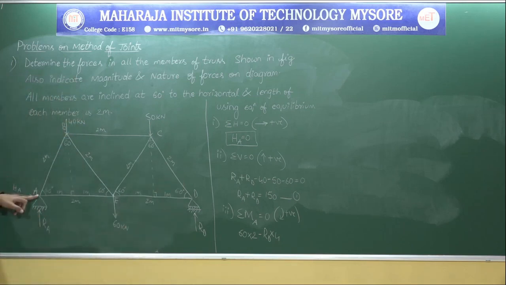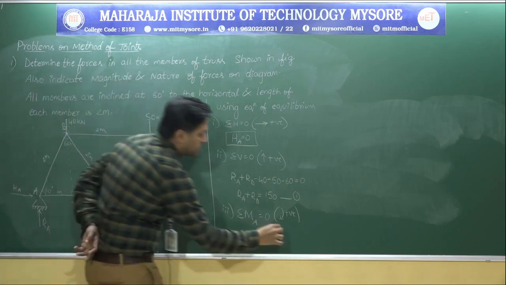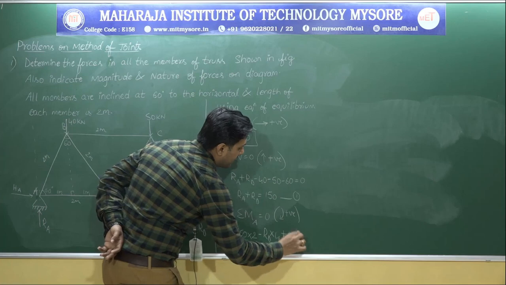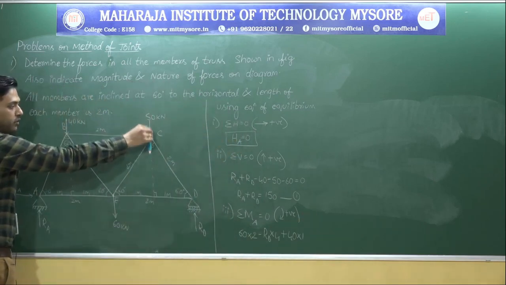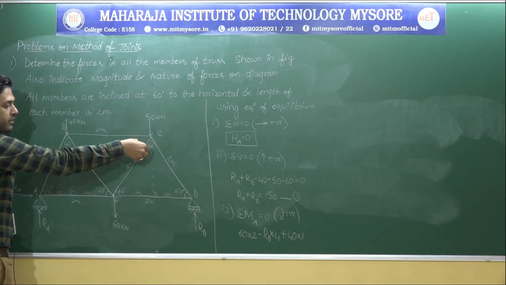So now let me go with the moment calculation. I want moment about A. There is a 40 kilonewton force acting in downward direction. This force needs to go and touch it in clockwise direction because the force is acting in vertical direction. Extend the line of action along the direction of the force. So plus 40 into 1. Similarly, we have one more, this 50 kilonewton, which also needs to go and touch it in clockwise direction.